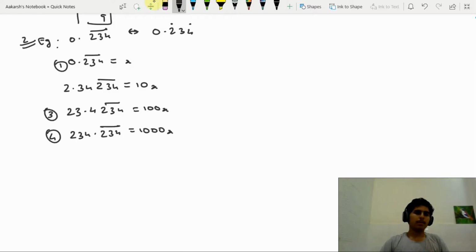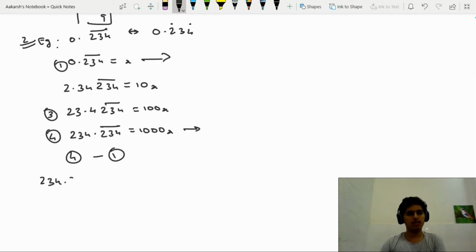You see, because now in the first equation and over here, I have exactly the same decimal places. So now I can use the third step, which was to subtract. So I'll subtract 1 from 4. What I get is 234.234 bar minus 0.234 bar, that will be equal to 1000x minus x.